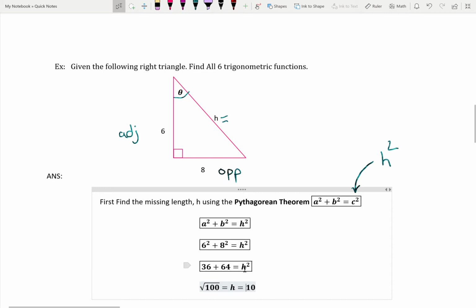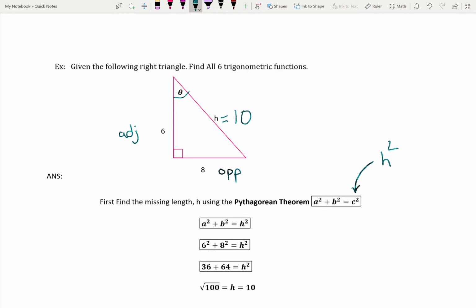If I square root h squared, I'm just left with h. And if I take the square root of 100, I'm left with 10, right? So that means h is equal to 10.